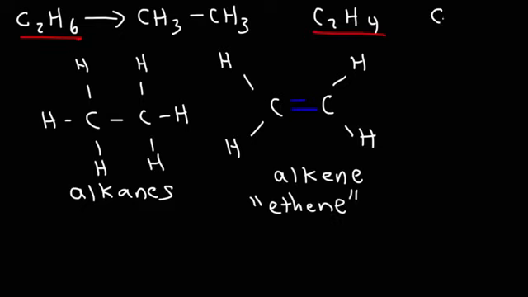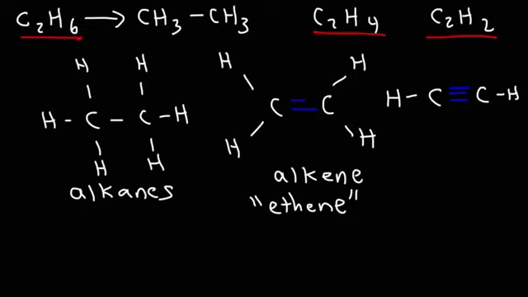Now what about this one, C2H2? How can we draw the Lewis structure for that? Well, we have a total of 2 hydrogen atoms. So we're going to put 1 hydrogen atom on each carbon. And in order for the 2 carbon atoms to have 4 bonds, we need to put a triple bond in the middle, because carbon likes to form 4 bonds.